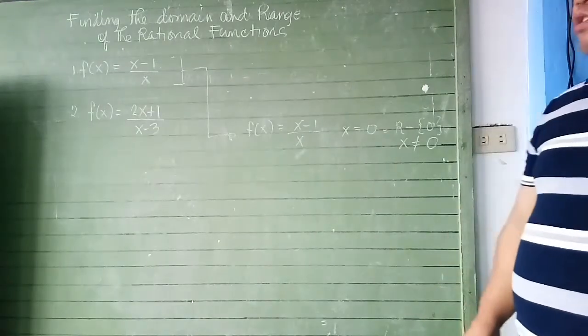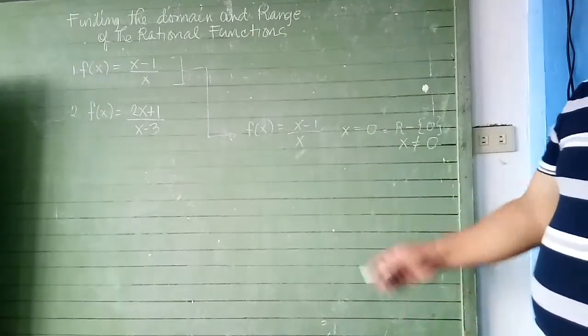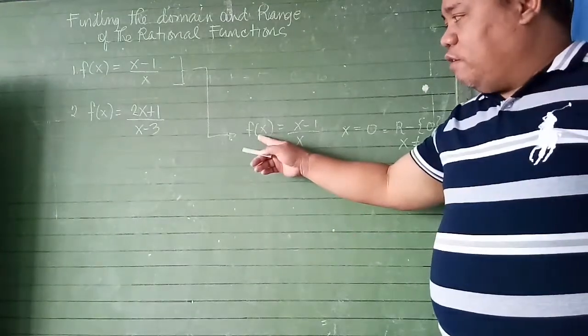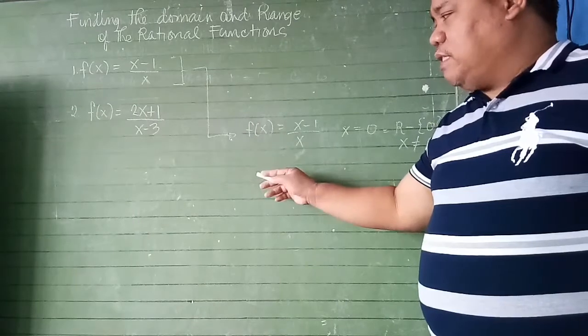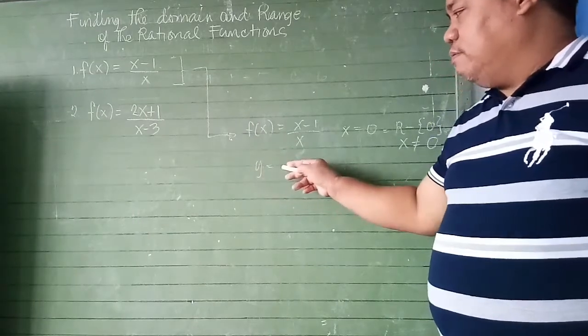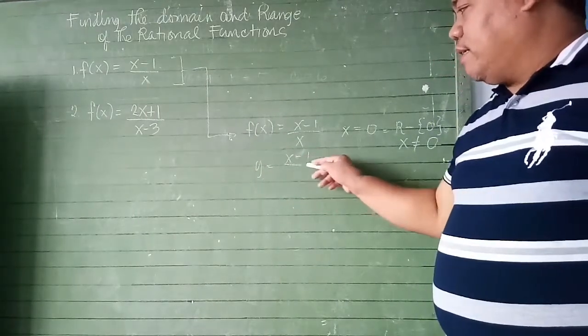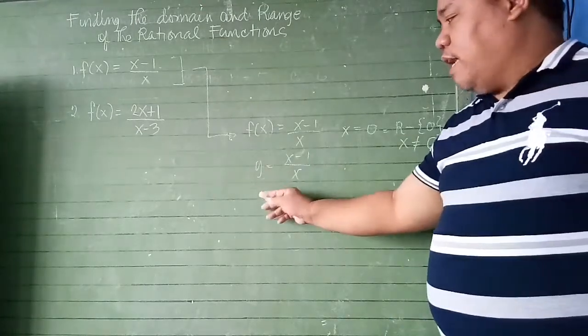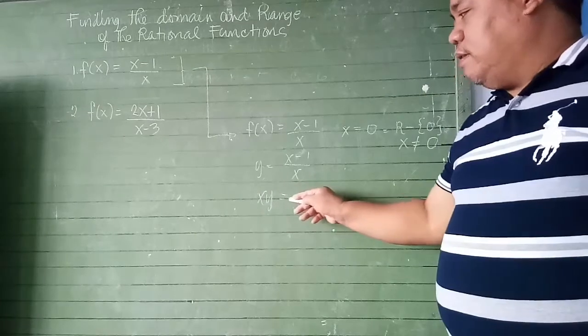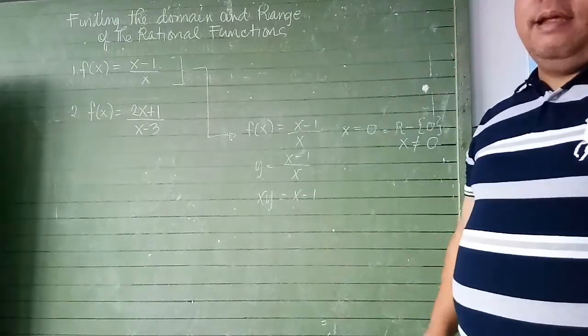Now, how to find the range of this rational function? All we have to do is replace f of x with y, so y equals x minus 1 over x, and then solve for x in terms of y. So xy equals x minus 1.